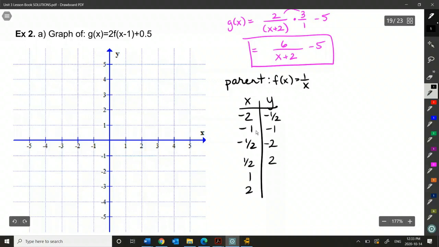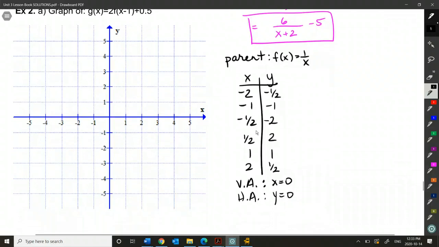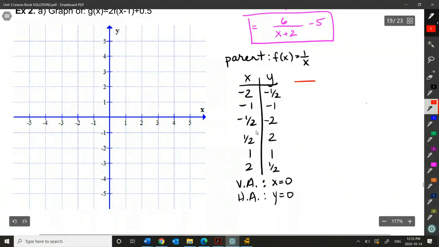We're going to have to eventually use decimals anyways for this one. And I usually just indicate vertical asymptote with a VA and horizontal asymptote as HA. So I'm actually going to make sure that those are included in my set of parent function key points, because those are key pieces of my transformed function as well that I'll want to make sure that I actually do the transformations to those as well.